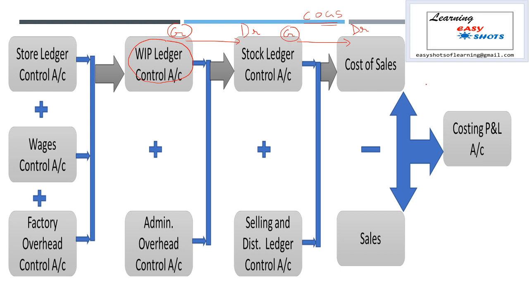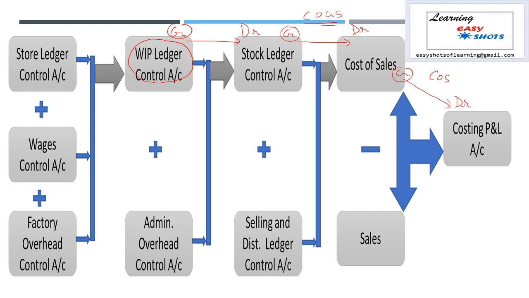Our last transaction is cost of sales. It means where all the expenses are added and transferred to costing P&L. So in case of cost of sales, our costing P&L account is debited and cost of sales account is credited.